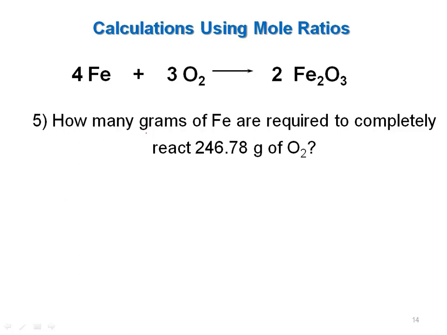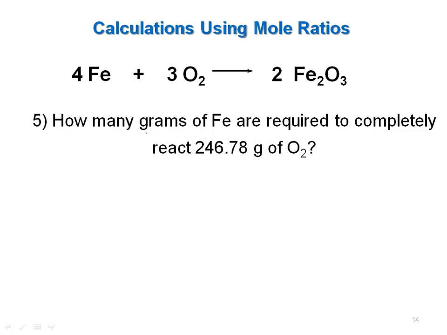So using mole ratios, this is the last step. How many grams of iron are required to completely react 246.78 grams of O2? So in this problem, we have what? Grams of O2, and we want what?